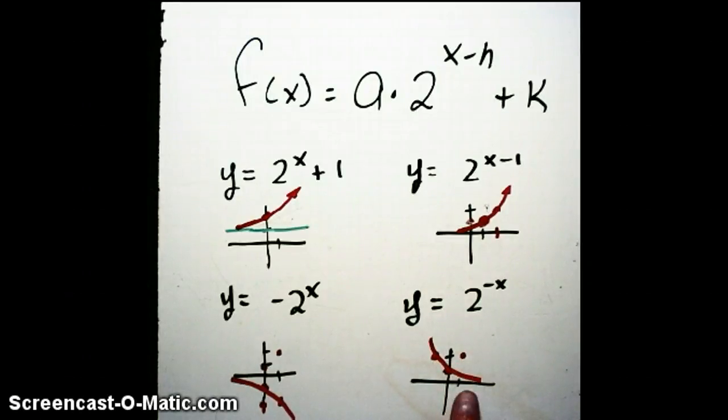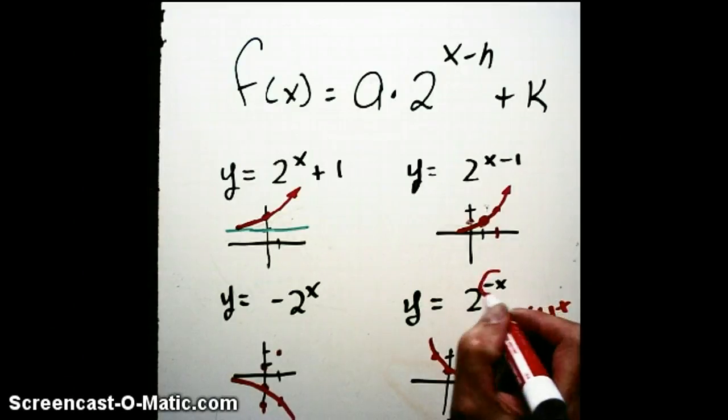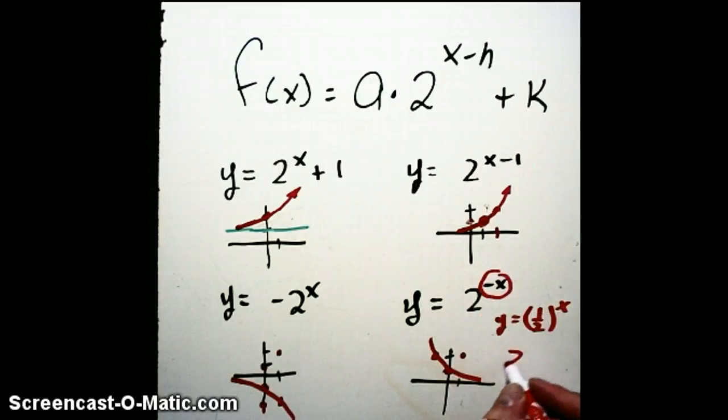Now you may be wondering, that function looks a lot like the graph we just graphed, y is equal to 1/2 to the x power. And you are right. How do I know that? Because if you go back and study this, that would be the same thing as 2 to the negative 1 to the x, right?